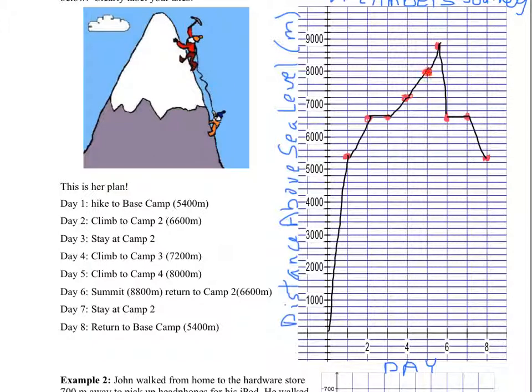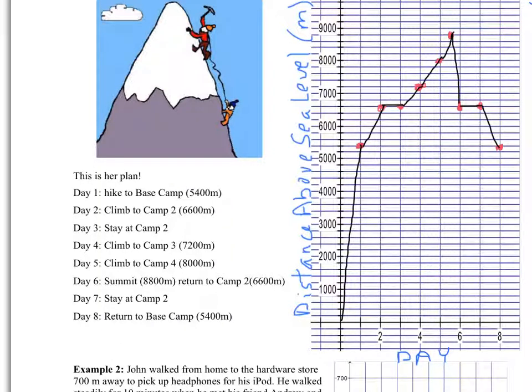So a quick trip to the summit, and then they're going all the way back down to camp 2 at 6,600 and stay and rest for a day. And then the last bit of information is going back to base camp at 5,400. So everybody's graph should look generally like this for this one. All right, so I will pause and continue working on the next one at the bottom of the page.